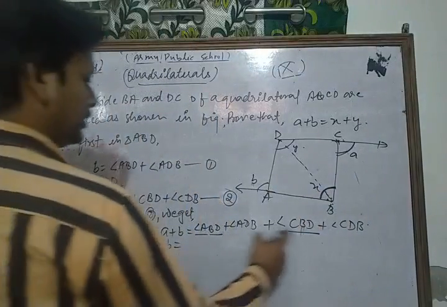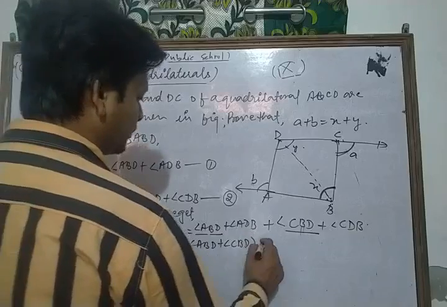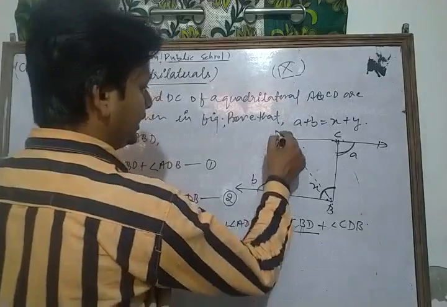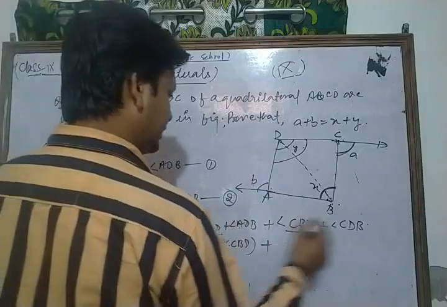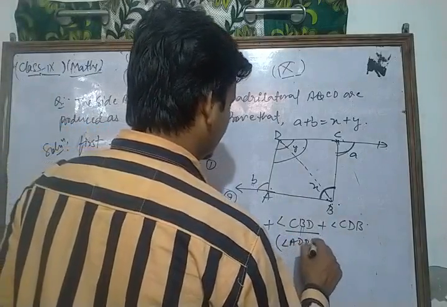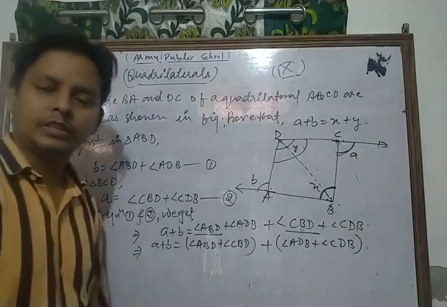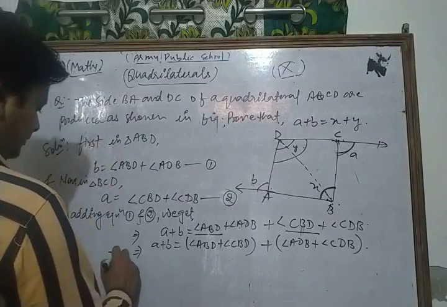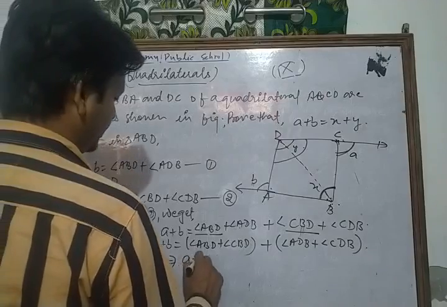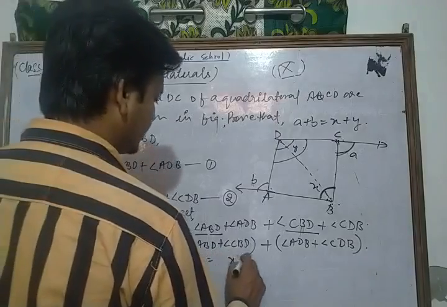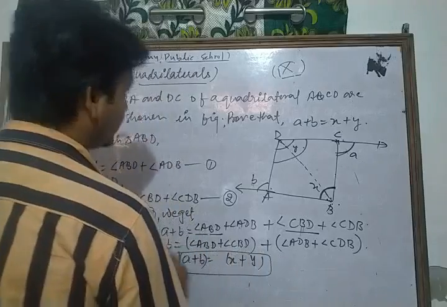So we take these angles together. Angle ADB and angle CDB, the sum of these two angles, is equal to angle y. So from the figure, the sum of these angles is x and the sum of these angles is y. So A plus B is equal to x plus y.